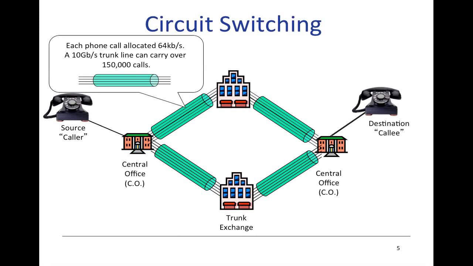But actually, these big fat pipes are really tiny, skinny little optical fibers, thinner than one of your hairs. Many thousands of phone calls can share that same trunk line between cities, each in its own dedicated circuit. The key thing here to remember is every phone call has its own dedicated 64 kilobit per second circuit that it doesn't have to share with anybody else.